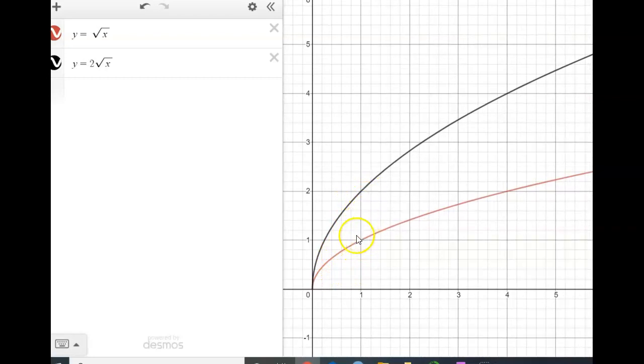Each y coordinate is being multiplied by 2. So if you notice at this point, the y coordinate is a 2. On the vertical stretch, that y coordinate is a 4. And you could see it clearly here.